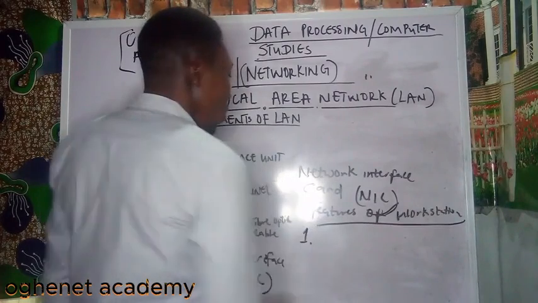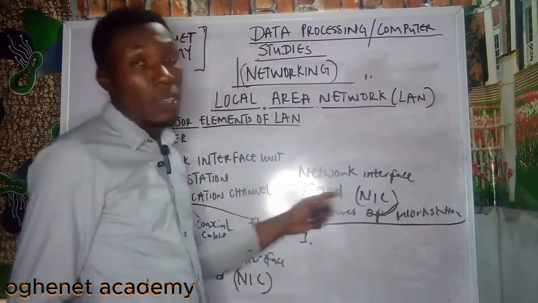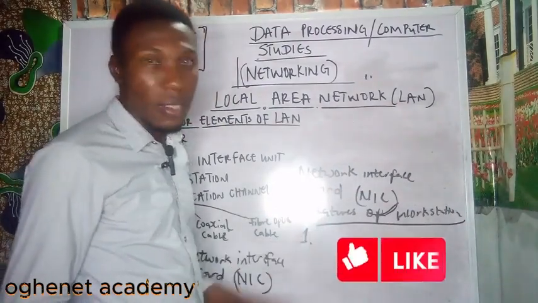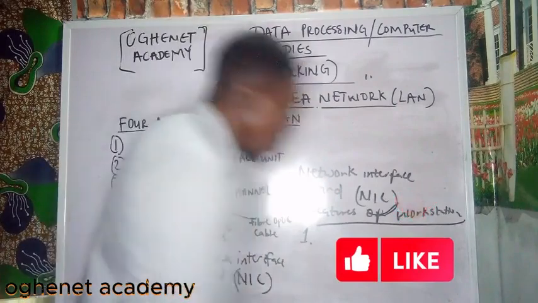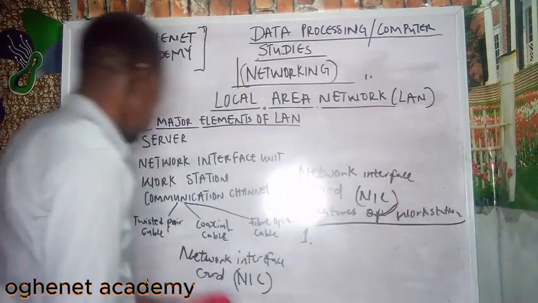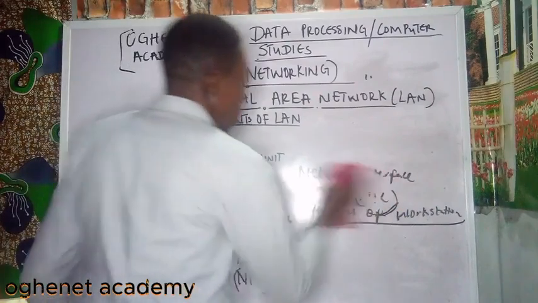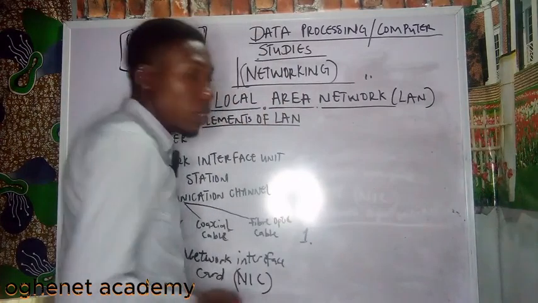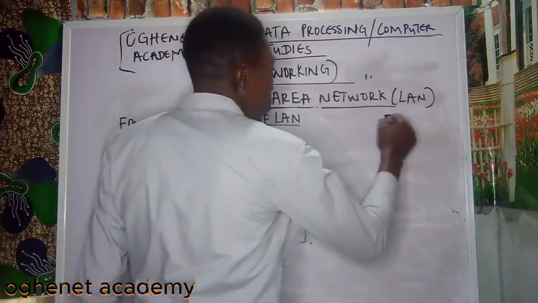Number one is that it has this NIC. Well, let me write it very well so that you can be able to see it. Let me write it here. Features.